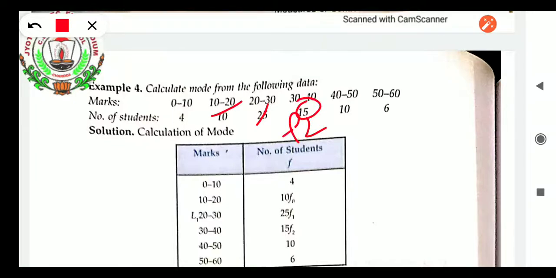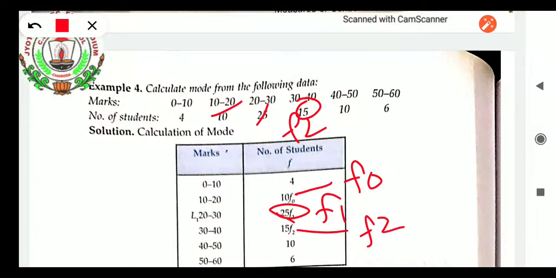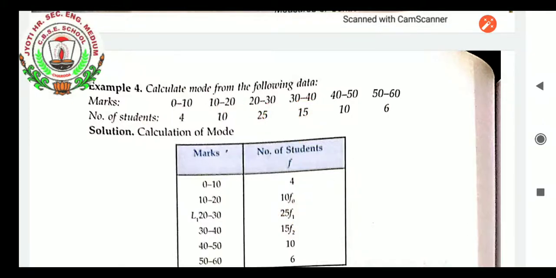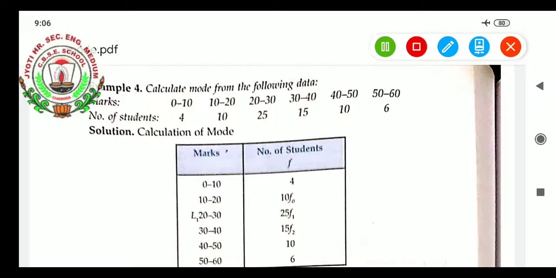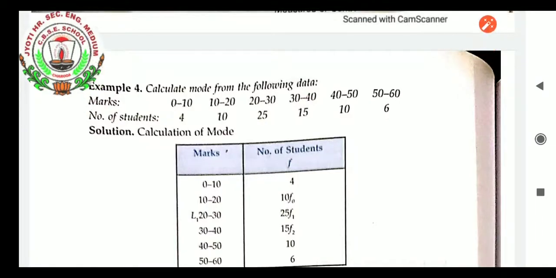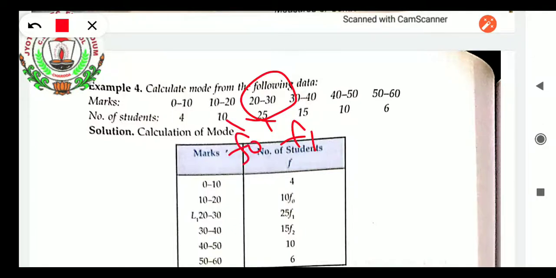See in the question: the first frequency 25 will be considered as f1, 10 will be considered as f0 and 15 will be f2. 25 is the maximum frequency in the particular class, so it is known as f1. Here 10 is the preceding class f0 and the next class is f2, the succeeding class.